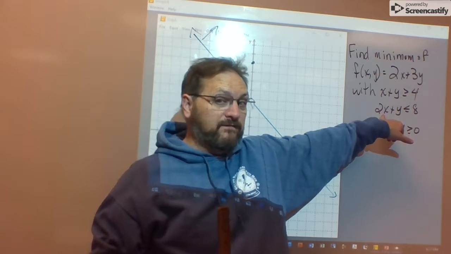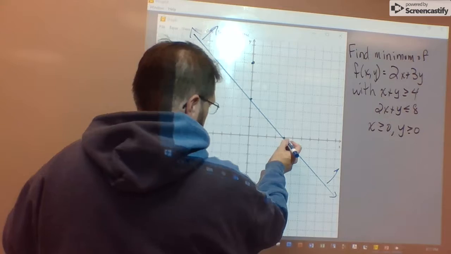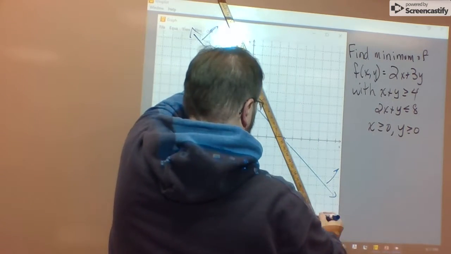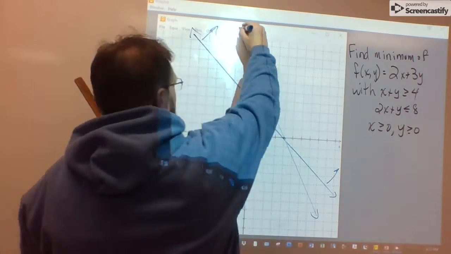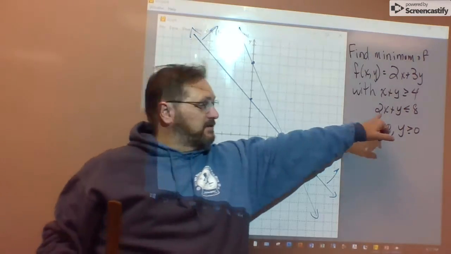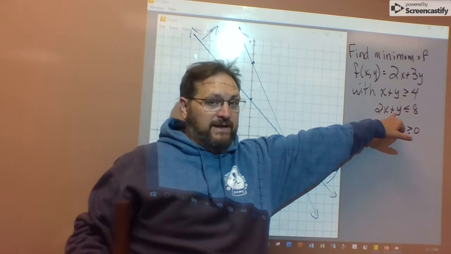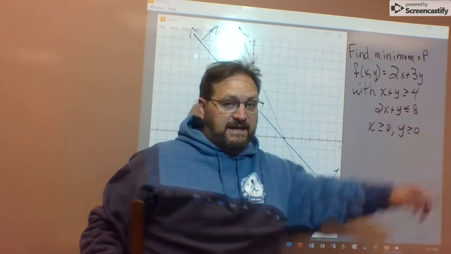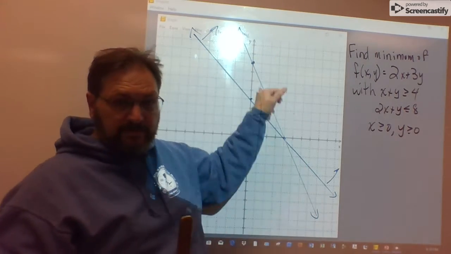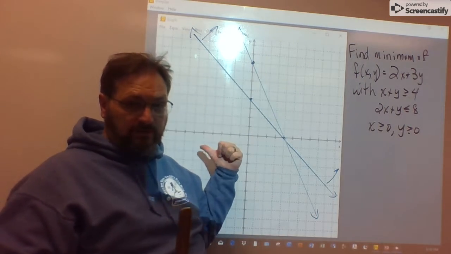So plot the point (4, 0). And here, if we test the origin, 2 times 0 plus 0 is 0. 0 is less than 8. That's true. So for the steeper line, we have to shade toward the origin.